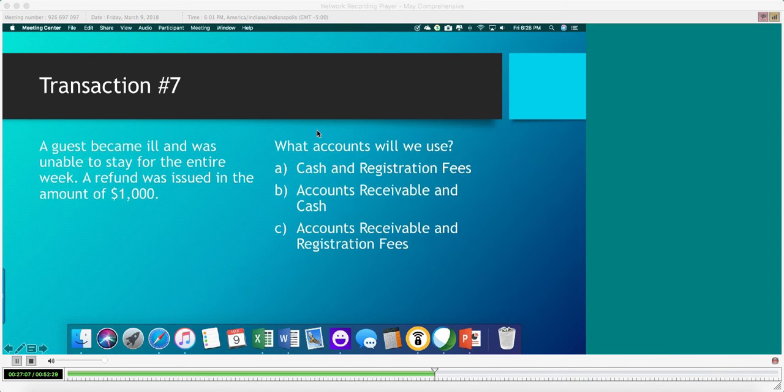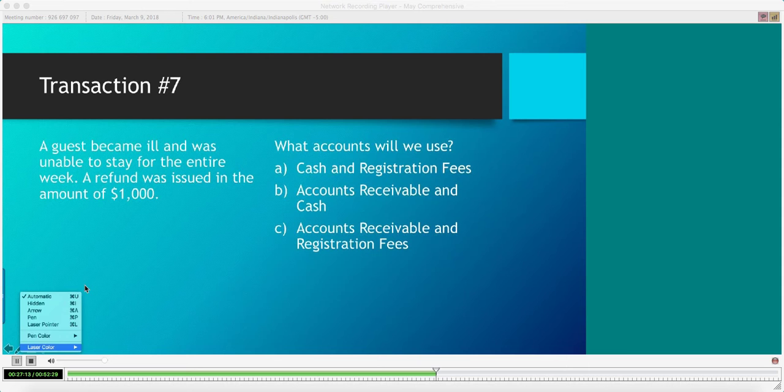I hate to say this, but unfortunately, you're actually both incorrect on this one. That's why I throw this one in. So we issued $1,000, which means it's not going to be accounts receivable, and therefore it can't be accounts receivable up here.